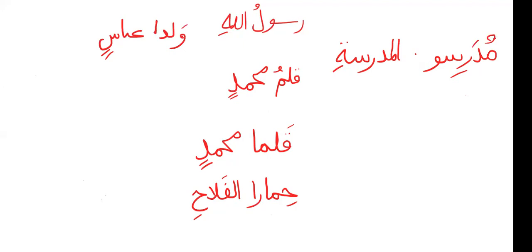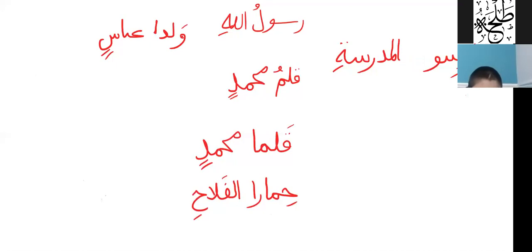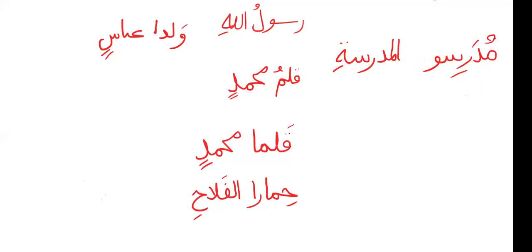So we take away the noon, and it's written like this: mudarrisul madrasati. When we make grammar of the sentence, we say the noon was taken away because it's mudaf. So when a word is muthanna or jama' mudhakkar salim, we take the noon away when they become mudaf.